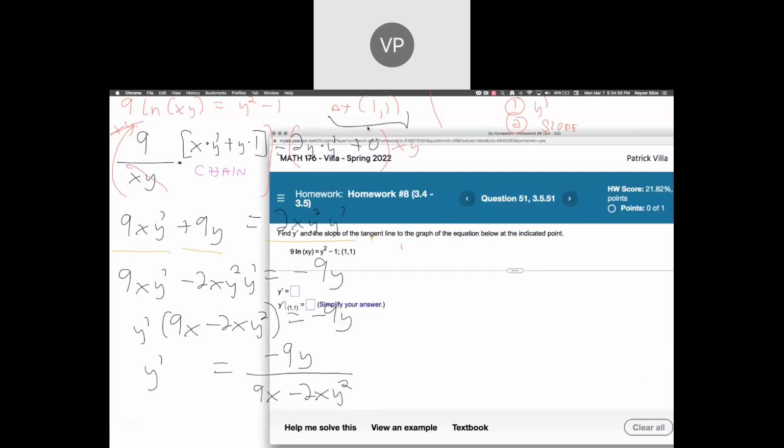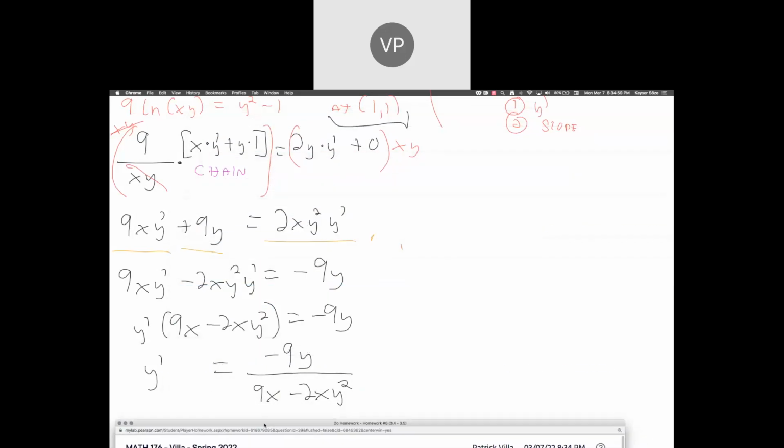Let's see if they'll let me plug it in. Yeah, I got to plug them all in at once. So let's just go and get the other part here. Then they want you to find the slope, which means, okay, take this derivative that we just found, and we're going to replace every x and y with 1, because remember, it was this point up here, 1, 1.